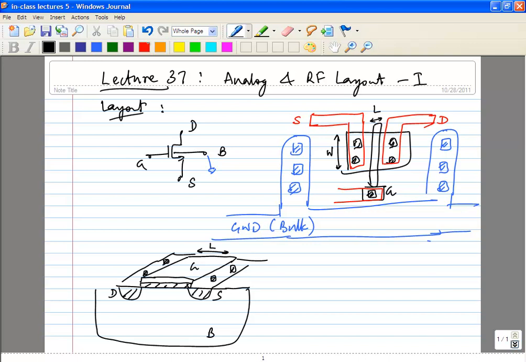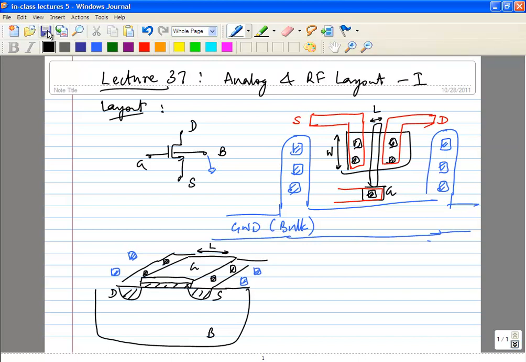Okay. So the side view kind of looks like that, and of course the bulk contacts, you are putting it on the sides. So this is where you put in your bulk contacts. Okay.